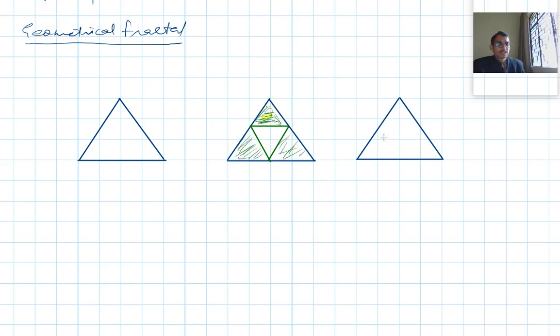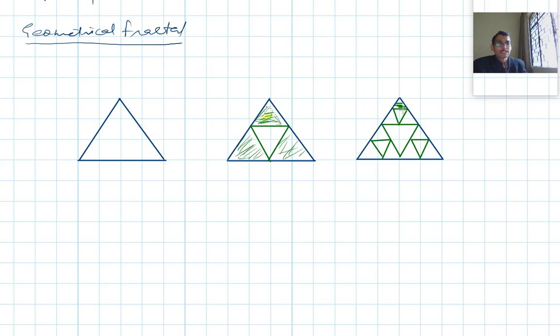And if we further do one thing, we will again cut more triangles like this, and then like this, and so on. We keep on doing this.